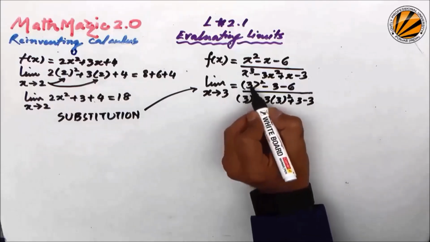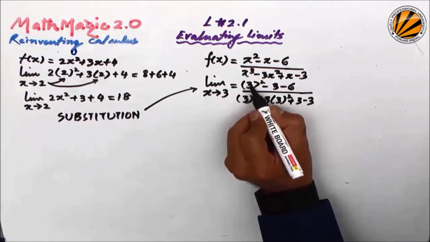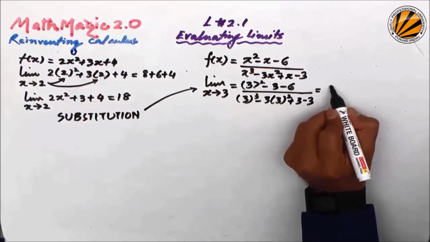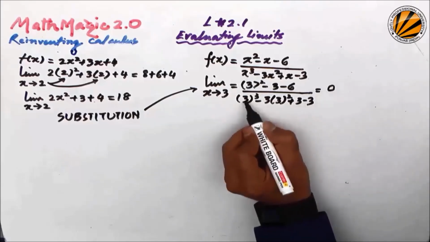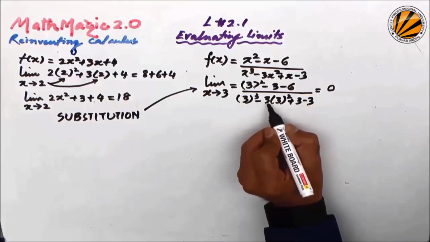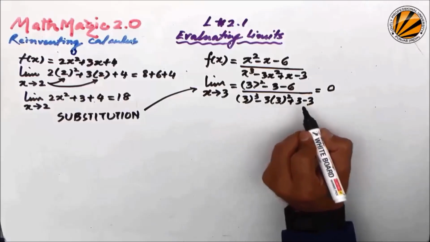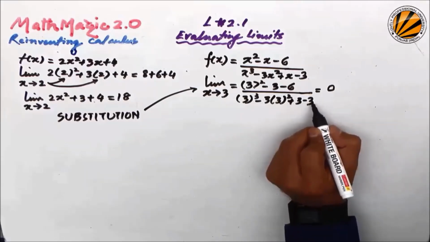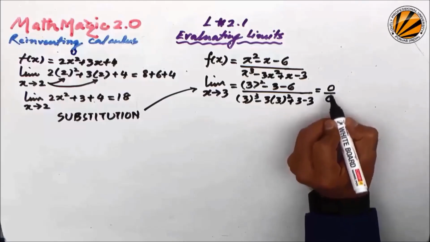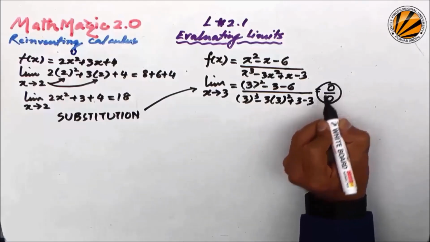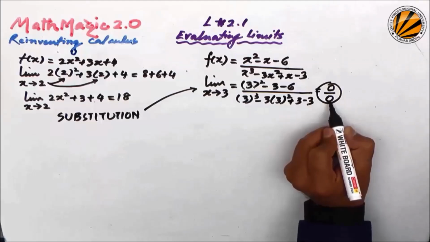The numerator becomes 9 minus 9 equal to 0. The denominator becomes 27 minus 27 plus 3 minus 3. This again becomes 0. Now over here the substitution doesn't work.